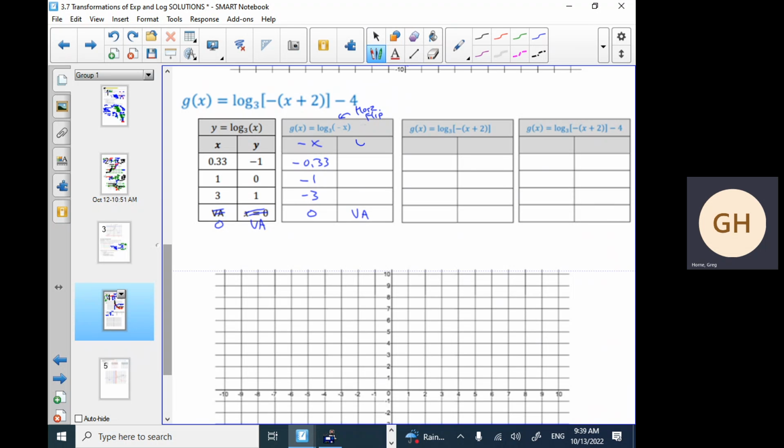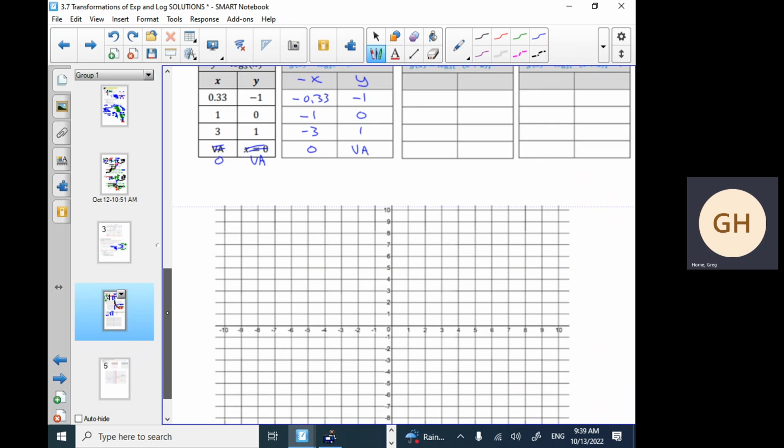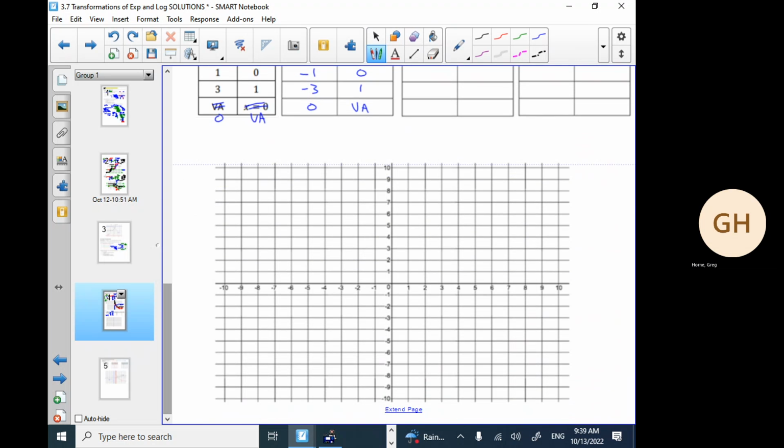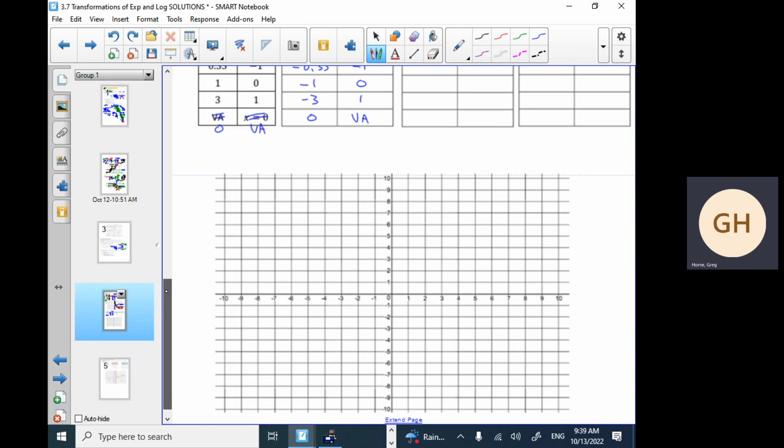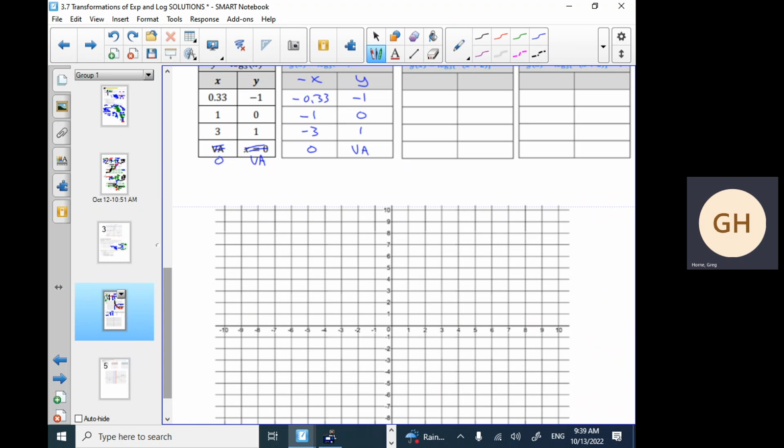So this is our y values, and so we have our -1, 0, 1, and vertical asymptote information. So graph the original. Over 0.33, and we're down 1. Over 1, 0. Over 3, up 1.